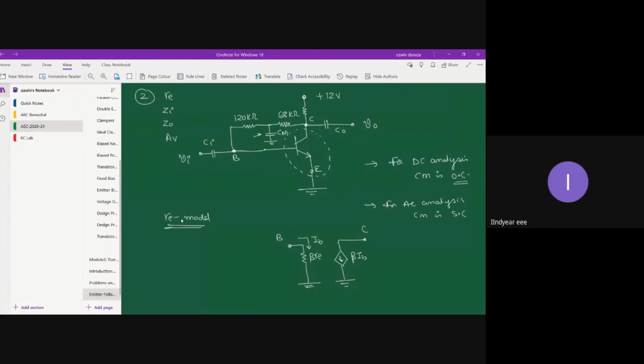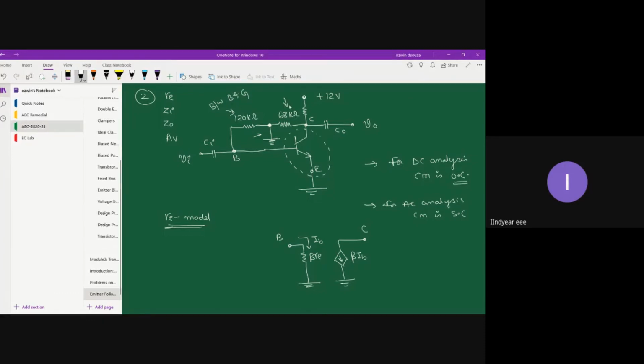So you have to replace this central capacitor with a short circuit. So the capacitor is replaced with a short circuit, and there exists a central ground connection. That means the 120 kilo ohm resistor is getting connected between base and ground, G for ground.